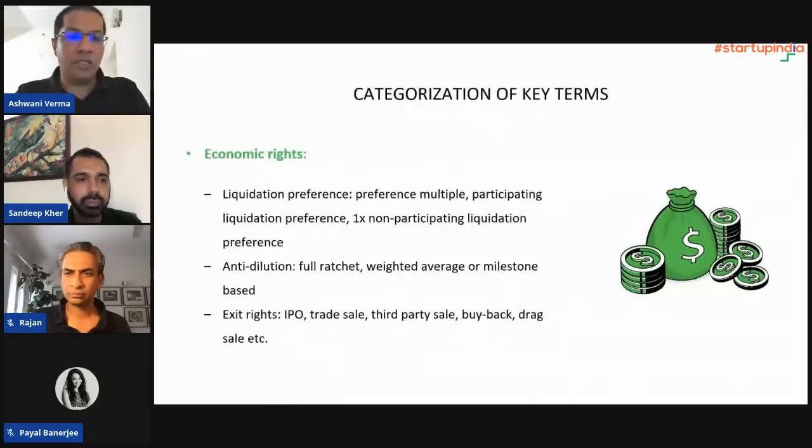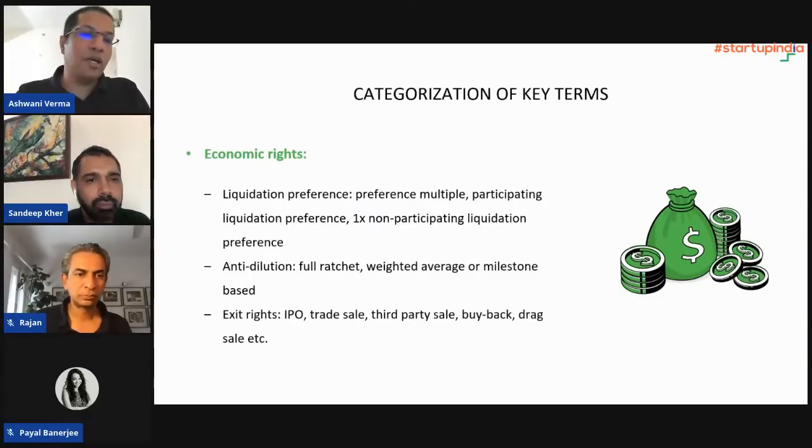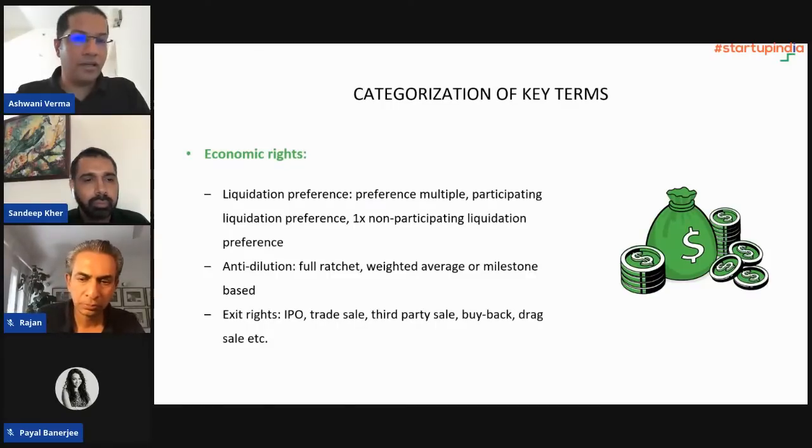And obviously, with every passing stage, the percentage dilution keeps going down. But if it has to be determined just on the basis of the dollars which the company is raising, I think that would be really tough, because it would depend on multiple other factors, and not just the amount that you are raising.